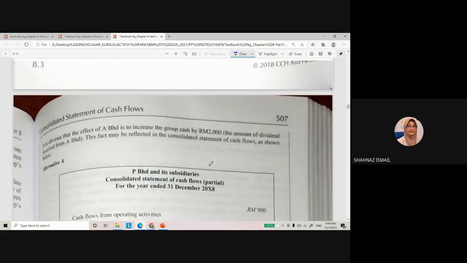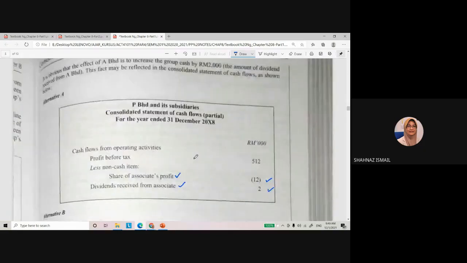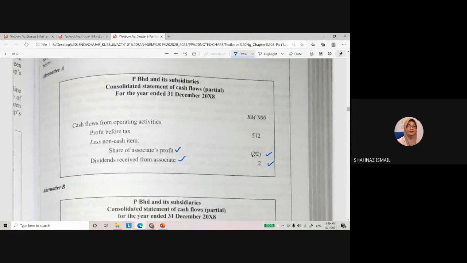Okay, macam mana dapat 12? 12K ni adalah from here, 20% daripada 60K. Okay, right. So kena adjust balik this 12K because dia adalah non-cash item. Okay. And dividend dia adalah inflow. Okay, yang ni outflow, kita tolak.